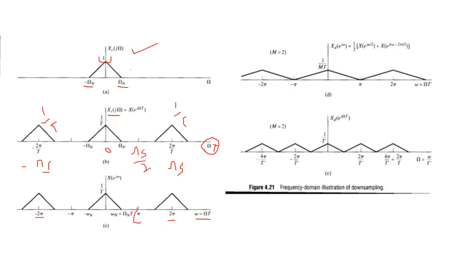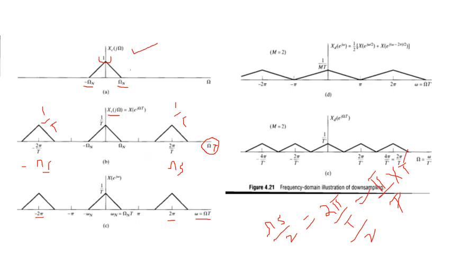This will become π, because omega_s by 2 is equal to 2π/T divided by 2, which is equal to π/T, and when you multiply it with T, it becomes simply π. So everything is the same, only the axes are changed here.